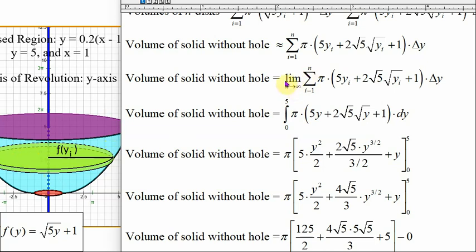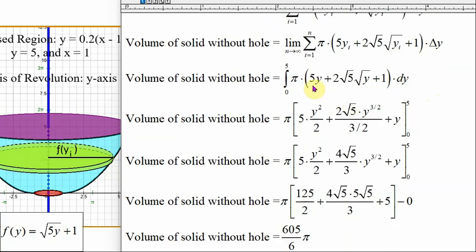And then we would write it as the limit of the sum as n approaches infinity. And when this limit exists, then we would redefine it as the definite integral from 0 to 5. And then here we have the pi, and then here's 5y, and then 2 times the square root of 5 times the square root of y, plus 1, and dy.